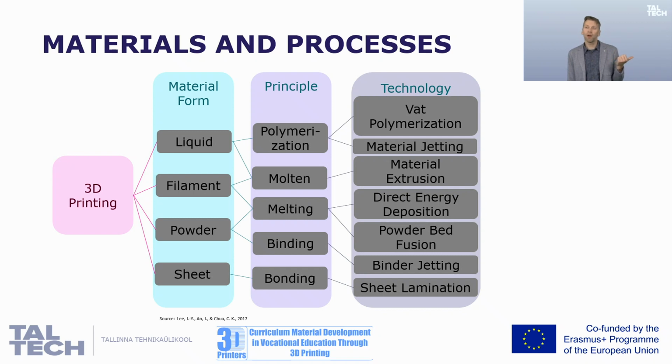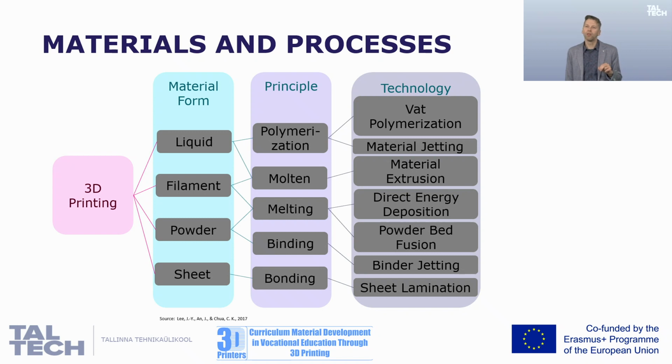When we're using plastics, and these thermoset resins, we can use polymerization technologies like vat polymerization and material jetting, where the material itself is in liquid state at the beginning of the process, and it is solidified using ultraviolet light, for example, or a combination of temperature and ultraviolet light, and maybe something else as well.